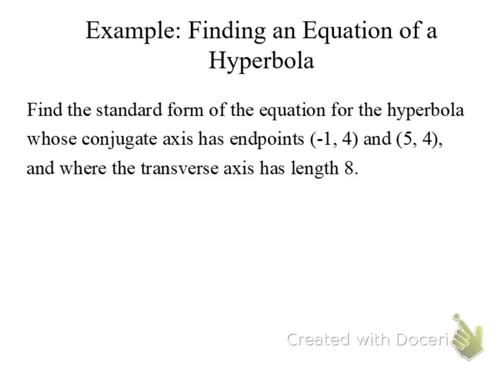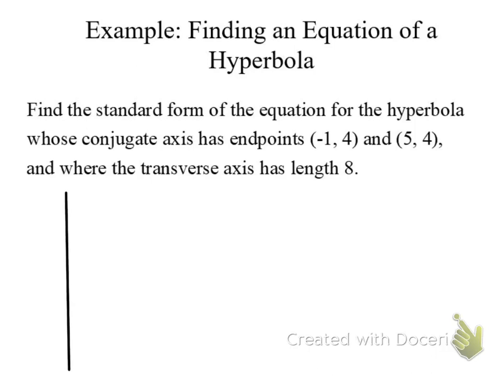Okay. So it does tell me to find the standard form for the hyperbola whose conjugate axis has endpoints of -1, 4 and 5, 4. So I'm going to do a little sketch so I can help see what's actually happening. First of all, I'm going to draw my axes in here.